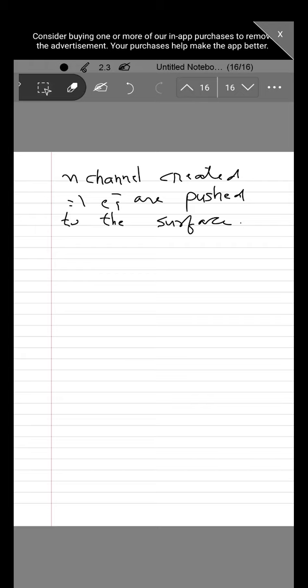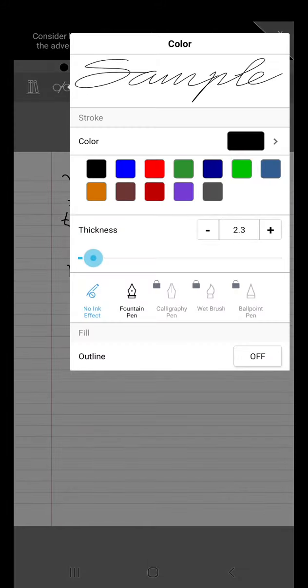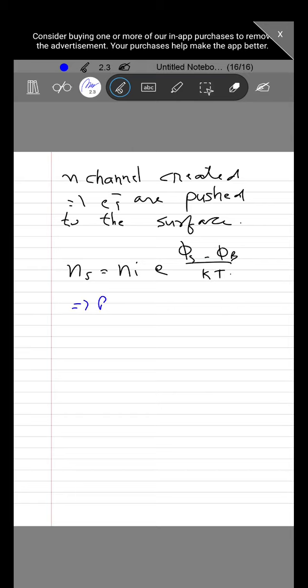And we can have the relationship: number of surface electrons is equal to surface Ni into exponential of ES minus EB by KT, and this leads to something called band bending.